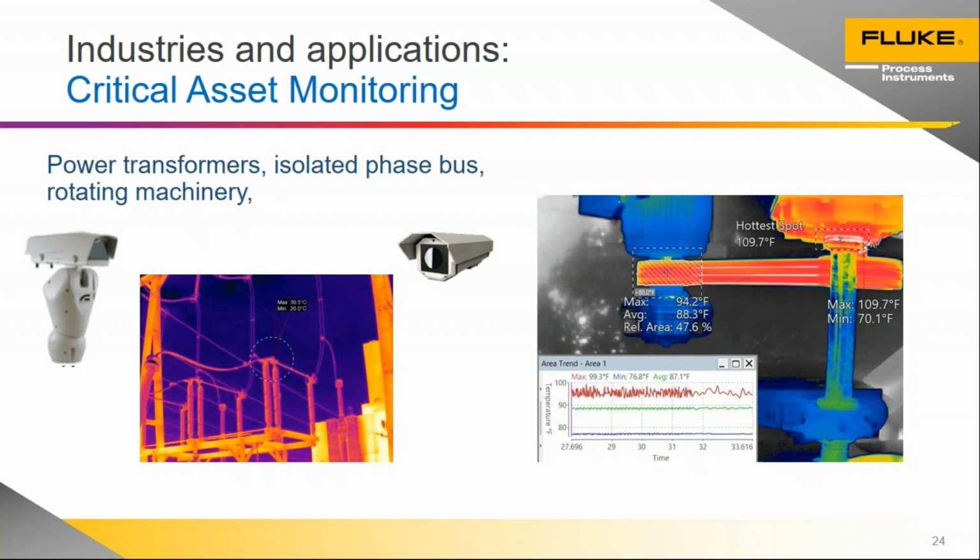All right, as we spend more time working with our new thermal imager product and software, we've gotten much more into critical asset monitoring applications. And in this case, you might be talking about big, essential machinery in your plant, like rotating machinery, either pumps or compressors, or in the case here shown at the right, it's actually a motor that's driving a big mixer in part of an operation.